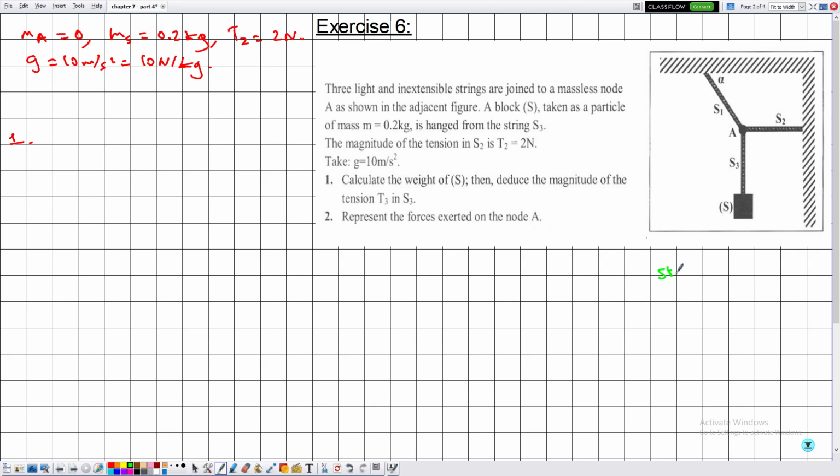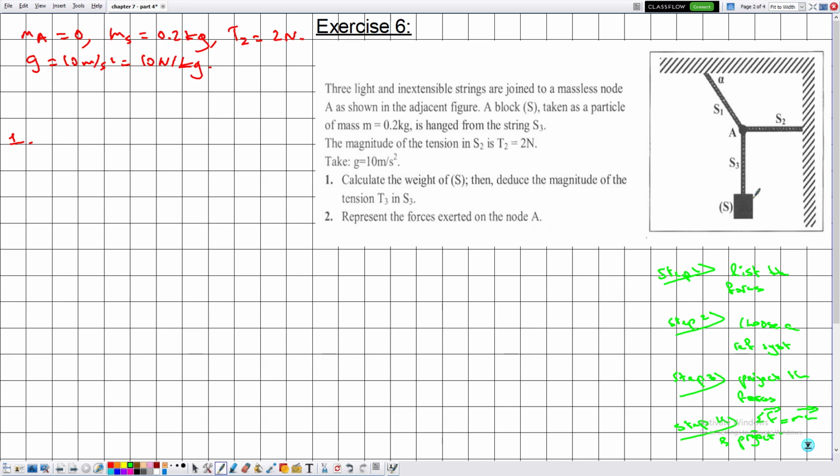Step number 1 is to list the forces, step number 2 is to choose a reference system, step number 3 is to project the forces, and step number 4 is to write sum of forces equal to ma and project.